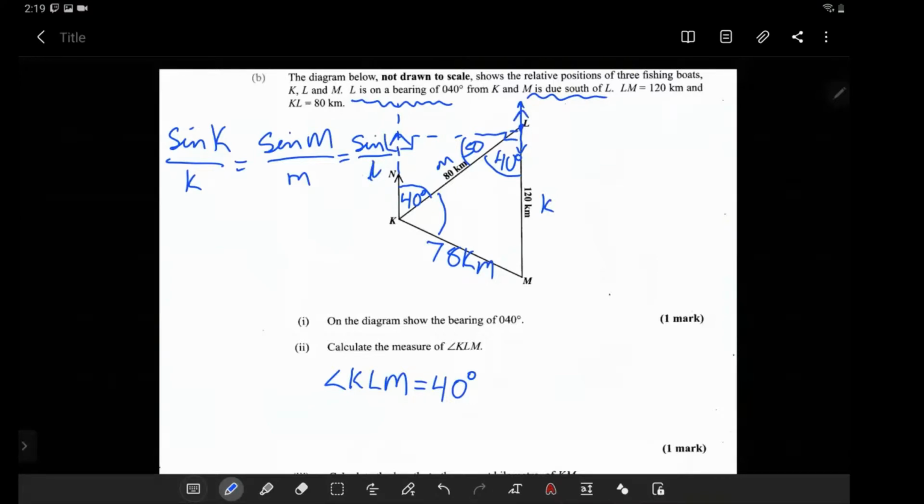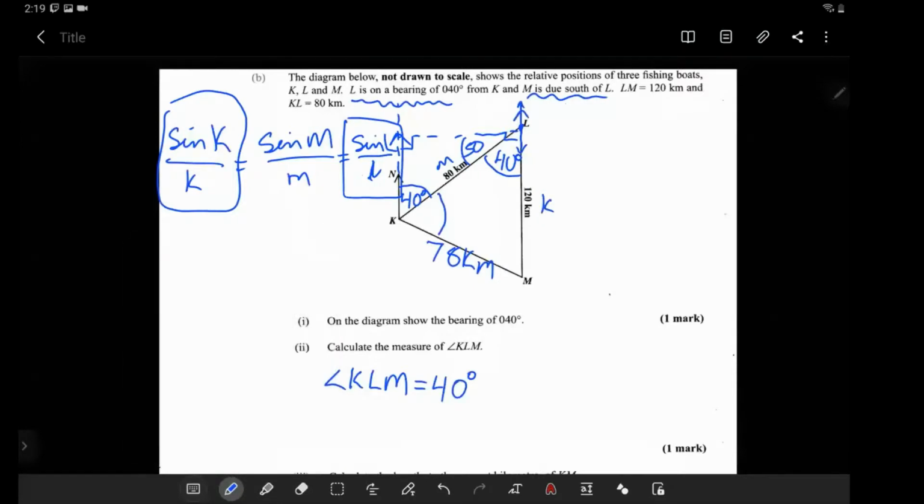So we'll use the sine rule. Since I want sine K, I could use the opposite sides that I have, which are l and k. So I would use this and it is equal to this.